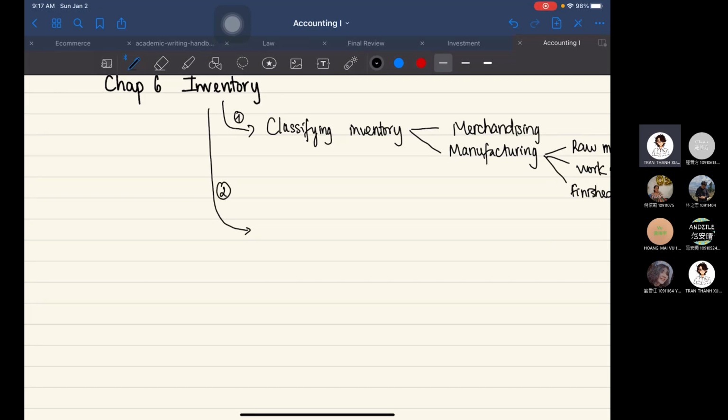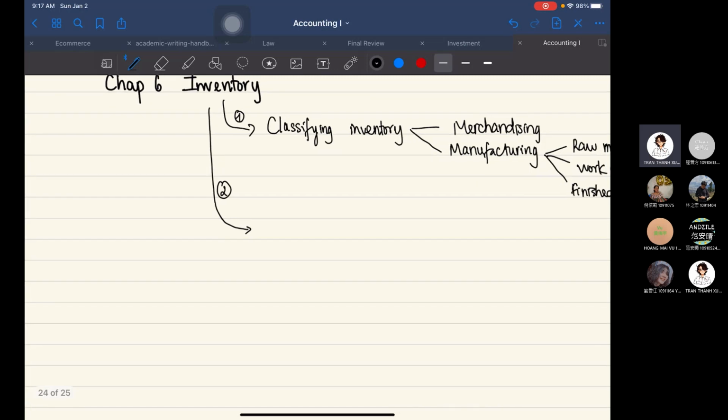The second point is determining whether it's a periodic system or a perpetual system.